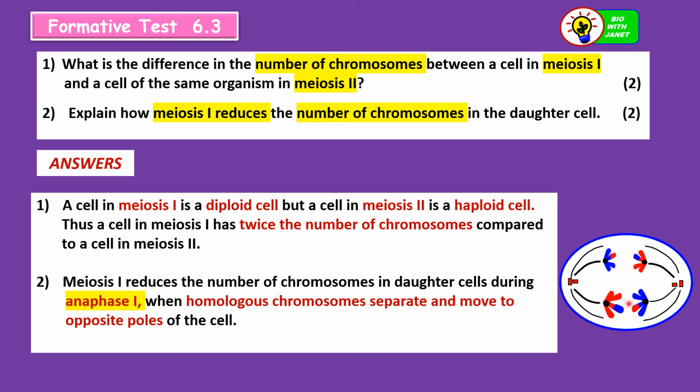Same for this pole here, the cell formed on this side will have one short chromosome and one longer chromosome. So there's only one copy of the long chromosome and one copy of the short chromosome in the new intermediate cell that's formed. Okay, so meiosis reduces the number of chromosomes in the daughter cells during Anaphase 1 because the homologous chromosomes separate and move to opposite poles of the cell.